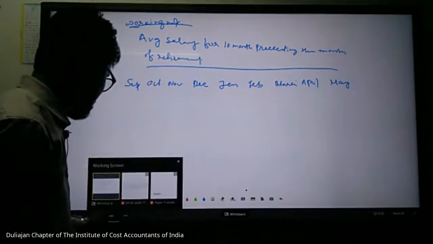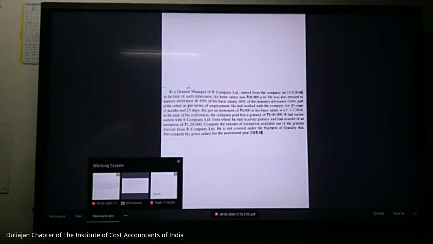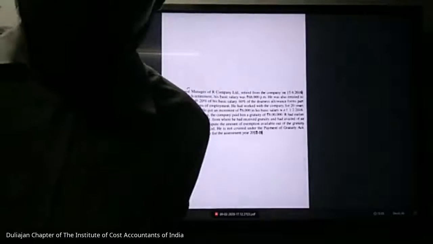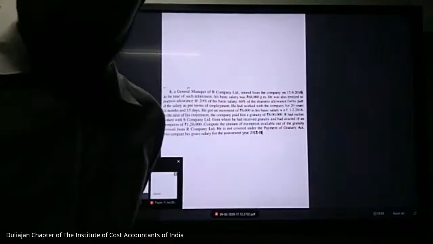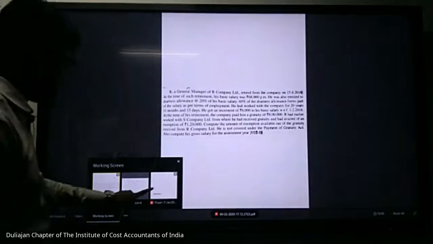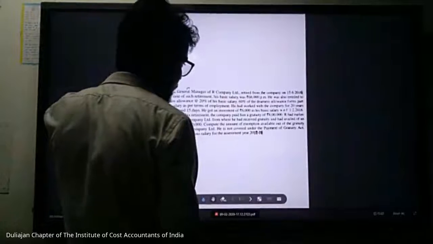Now, what is the meaning of salary here? Can anyone tell me the meaning of salary? Basic plus DA forming part of retirement benefit, plus commission on turnover.